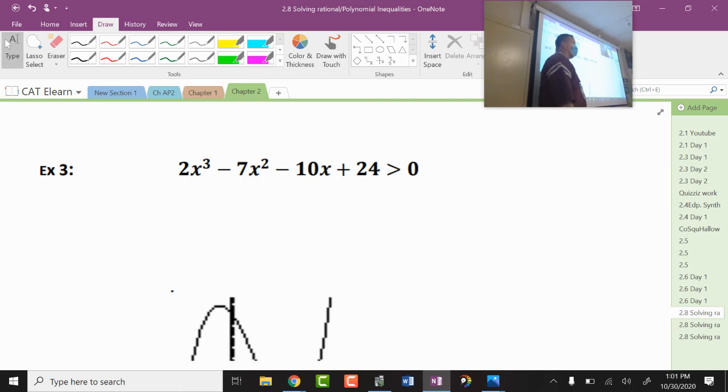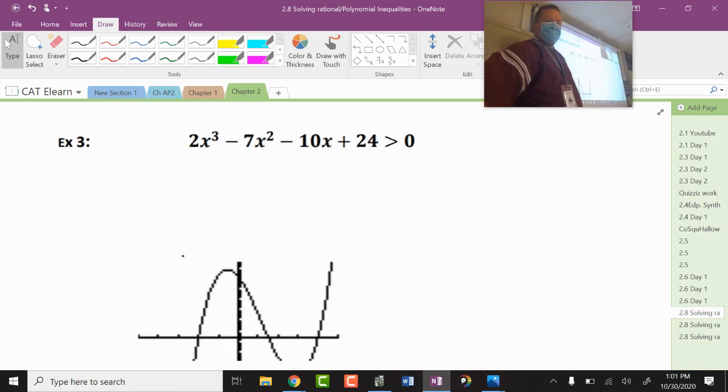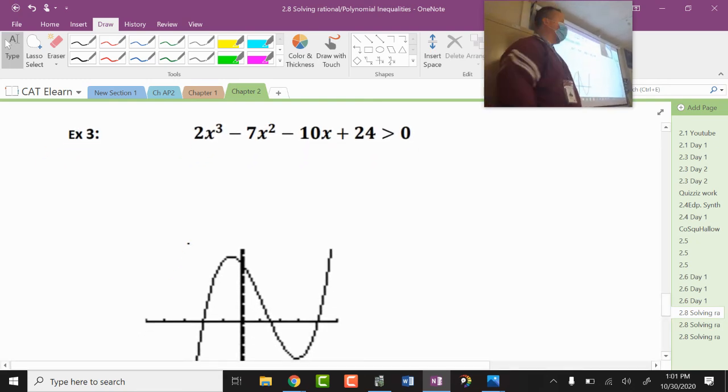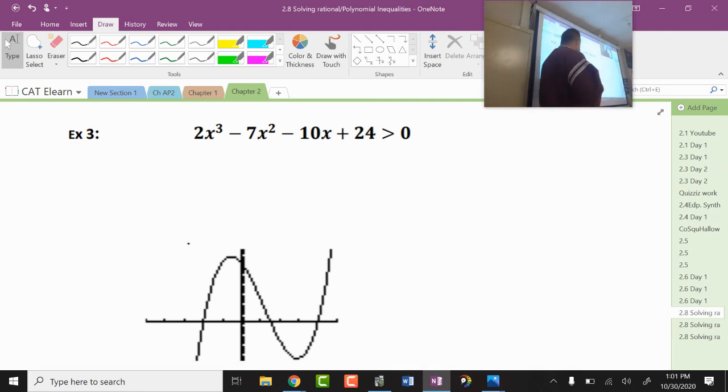Calculator. It's going to speed things up. So you get this one, you're like, uh-oh, I got to synthetically divide. So I will, because the zeros don't look perfect. And I guarantee we're going to have questions where the zeros are going to be like right here and you're not going to know. But you'll know one of them. Like, what's that one right there? What's that one right there? -2.